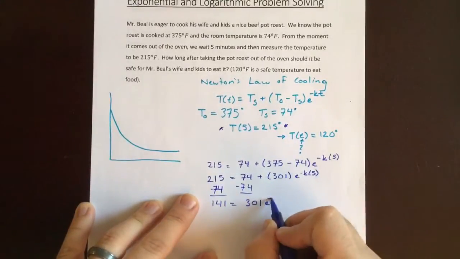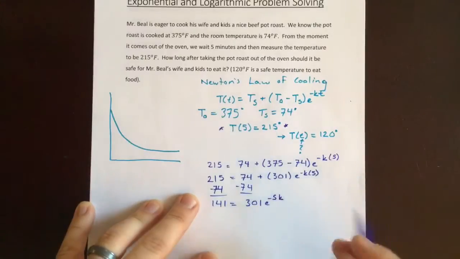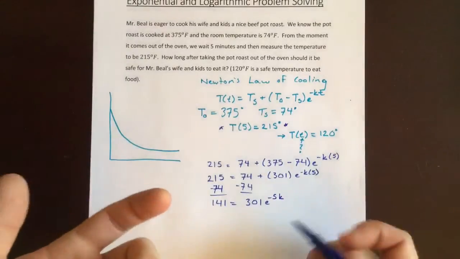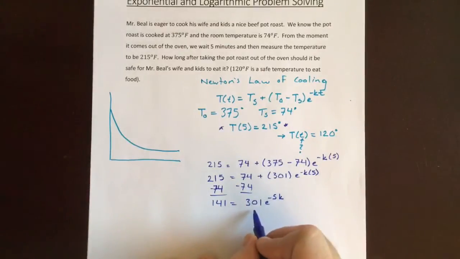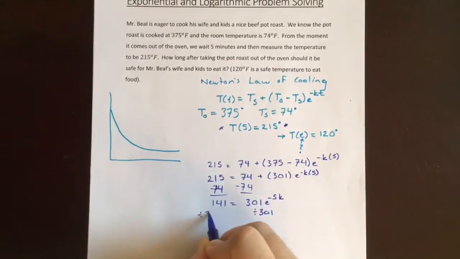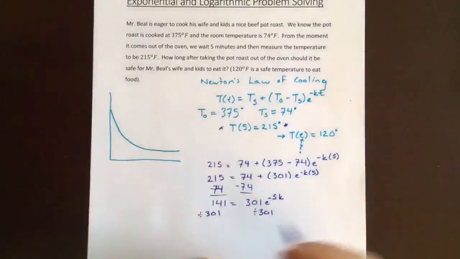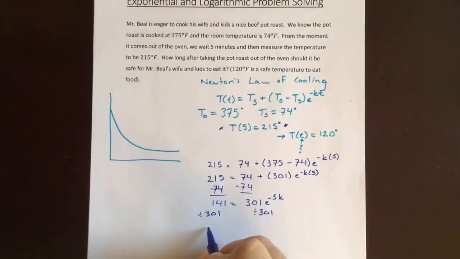I'm going to rewrite the exponent while we're at it. The exponent's not by itself yet, so we have to divide by 301. When we divide by 301, we get 0.4684.